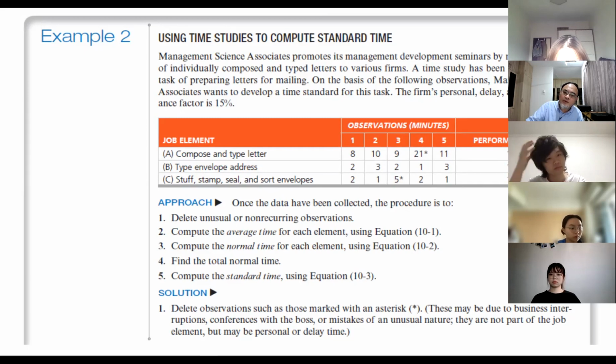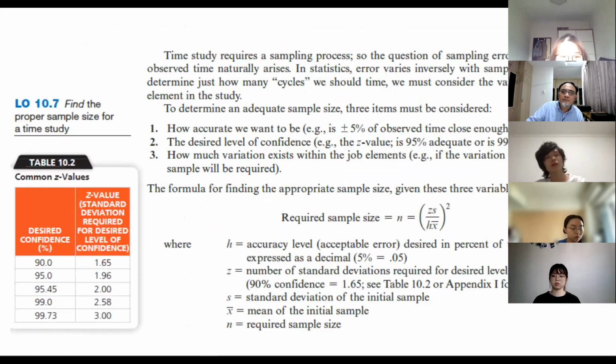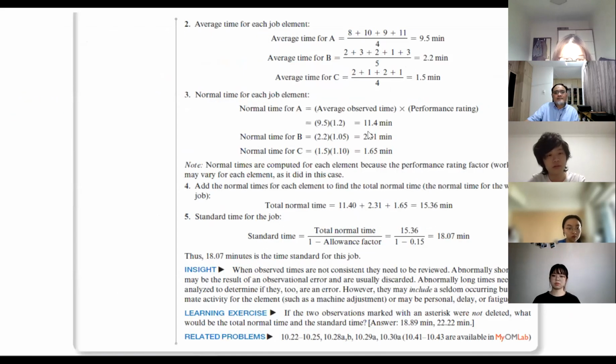That means the worker is doing faster than what an average worker would be able to do. So you have this normal time, 9.5 times 1.2. Normal time for B is 2.2 times 1.05 and so on. So you add the normal times. Step 4 is to add the normal times to find the total normal time, which is 15.36 minutes.